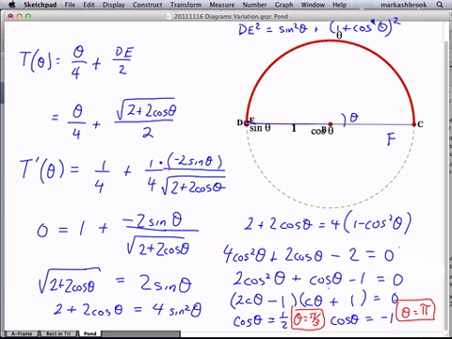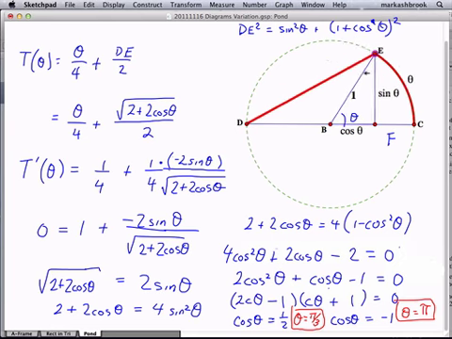So what could that possibly be, max or min? Probably the maximum. Maximum time would probably be walking the whole time, or theta equals pi. And then it would be nice if this was our minimum, pi over 3. So how do we check that? How do we know what we've got?